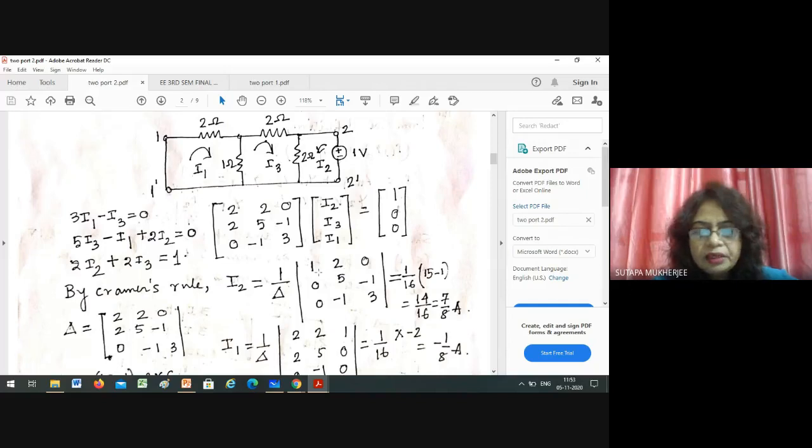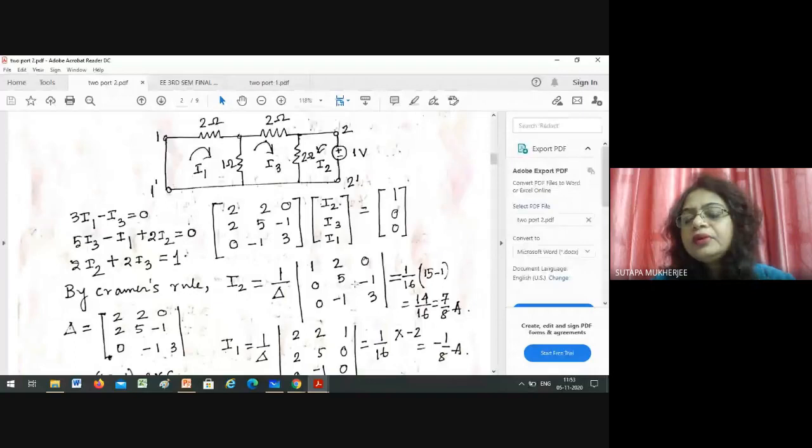Write in your copy and solve the determinant of this one. What will be the value of that? Just, I'll pick up a name and I will ask him or her. Do it. You have to understand what I am telling you. What will be the determinant of this one?